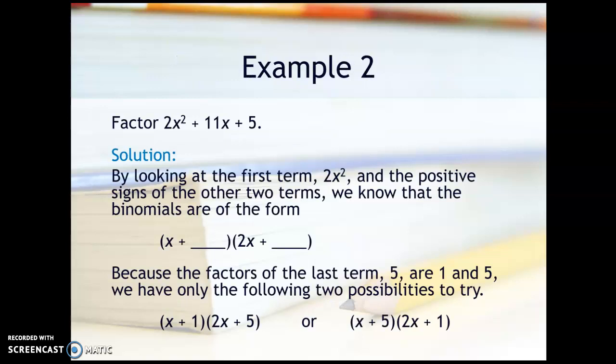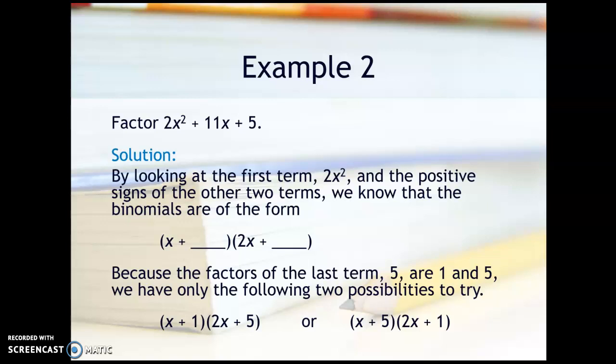We need to pick the one such that when you multiply the outside products and multiply the inside products and combine them, they add up to the middle term, 11x. We'll try the option on the left. Outside would be x times 5, that's 5x. Inside would be 1 times 2x, that's 2x. 5x plus 2x add up to 7x. That doesn't work.